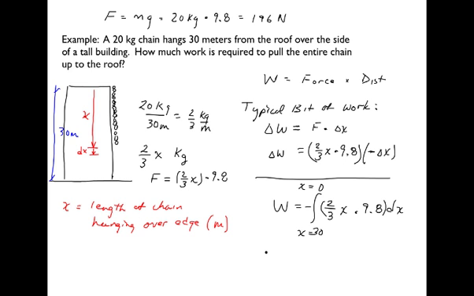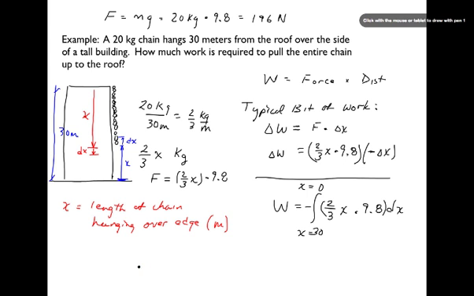So if you want to make x go this way, we could do a different thing. We could say from the ground, x would be this way. Then dx would be a little change up like this, right?